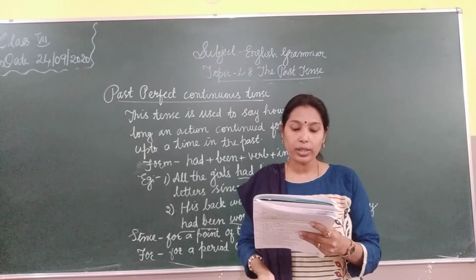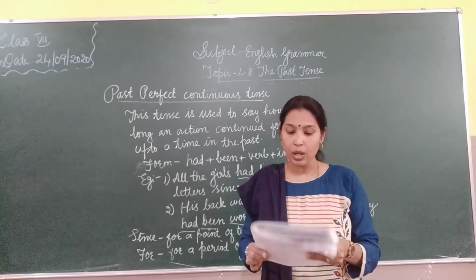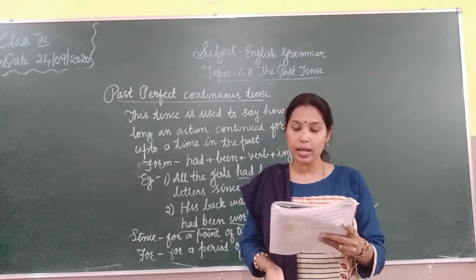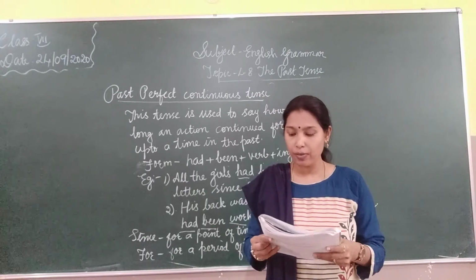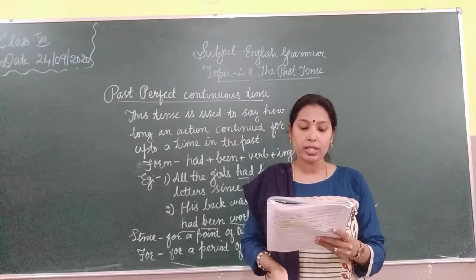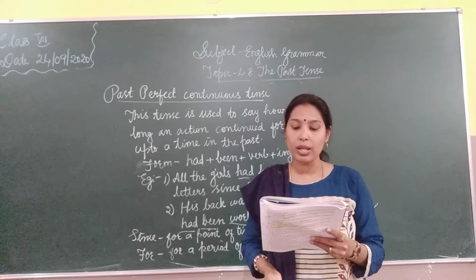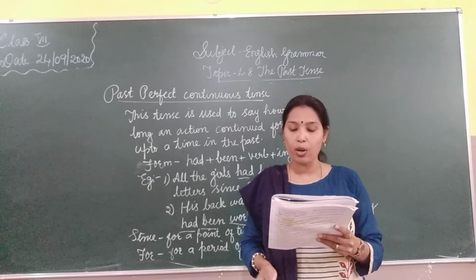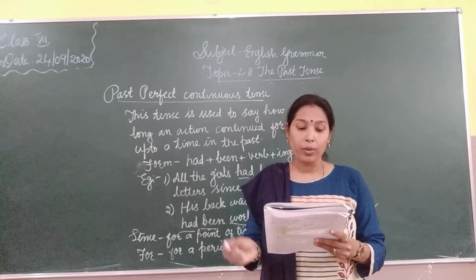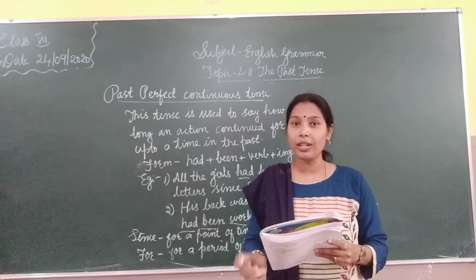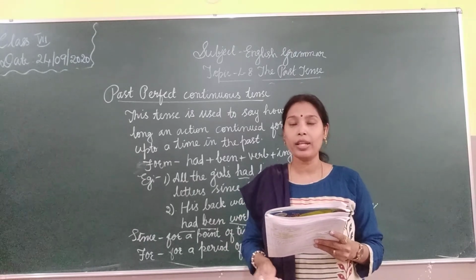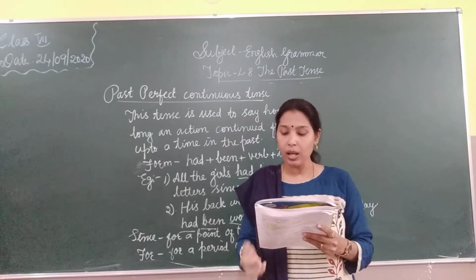Next, as with the present perfect tenses, we often use since and for with the past perfect tenses to indicate the time period during which the action had continued or been going on. We had learned since and for even in the present tense, right? The same way in the past tense as well.